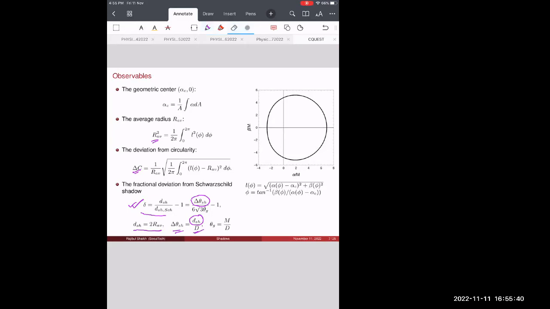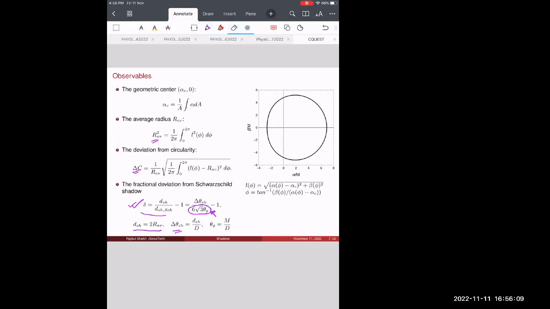This quantity is the angular diameter of the Schwarzschild shadow. The Schwarzschild shadow has a radius 3√3 m, so its diameter is 6√3 m, and its angular diameter is 6√3 m by d.